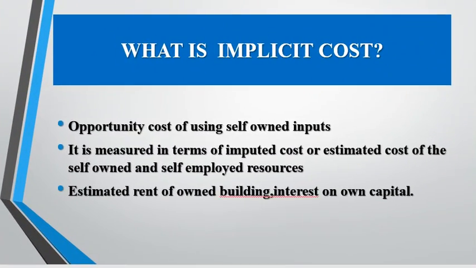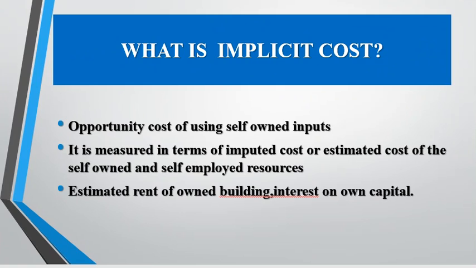So what is implicit cost? That is the opportunity cost of using self-owned inputs. Like the entrepreneur, instead of borrowing from the market, is investing his own money. He is giving his own building. It is measured in terms of the imputed cost or estimated cost of the self-owned and self-employed resources.